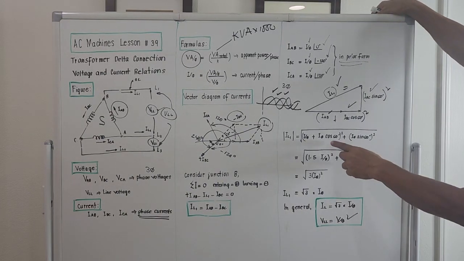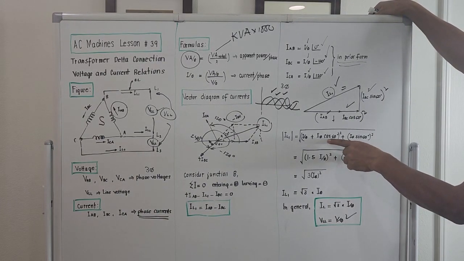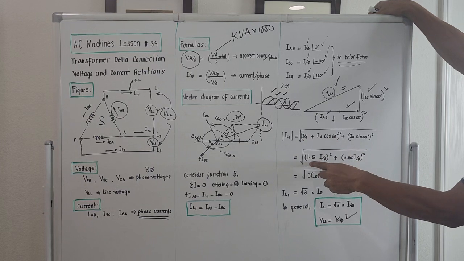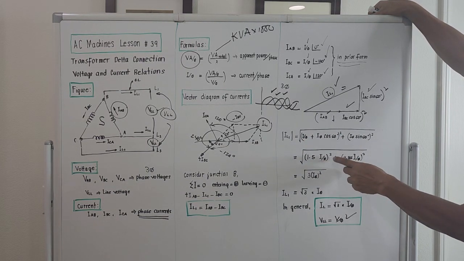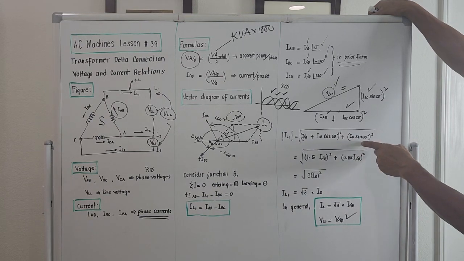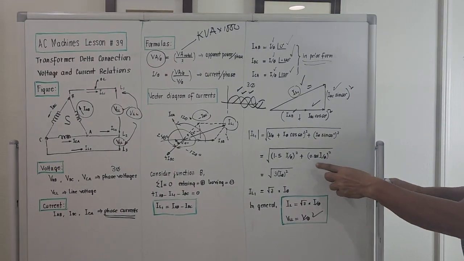The cosine of 60 is 0.5, plus 1, that will be 1.5. The common factor is current per phase inside, quantity squared. The sine of 60 is 0.866.